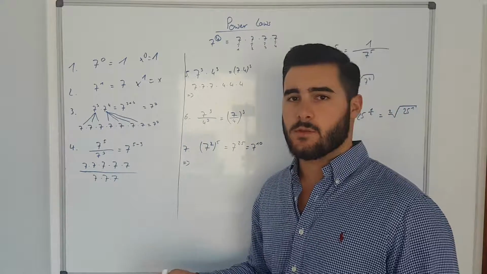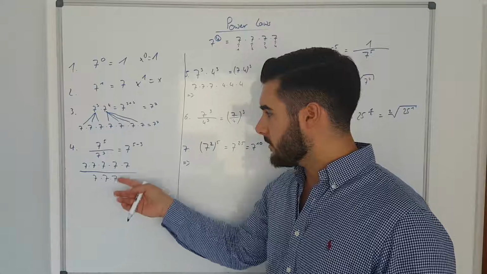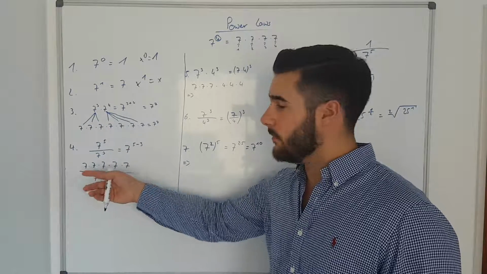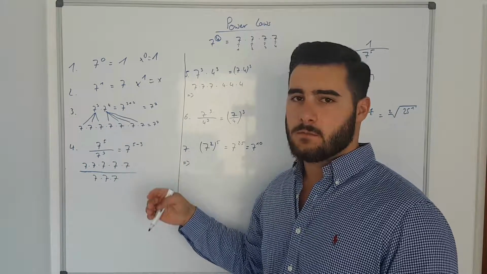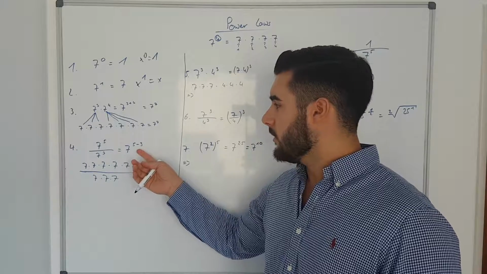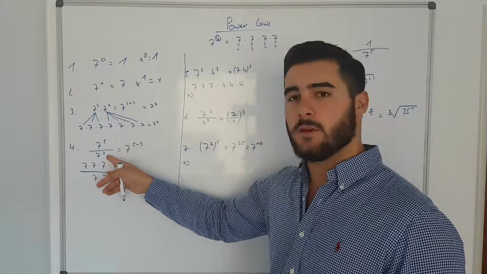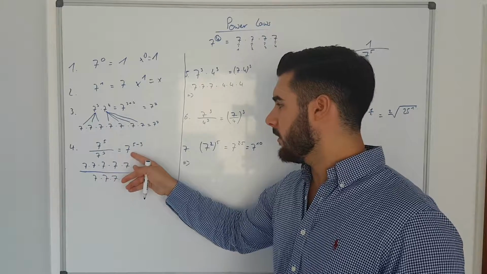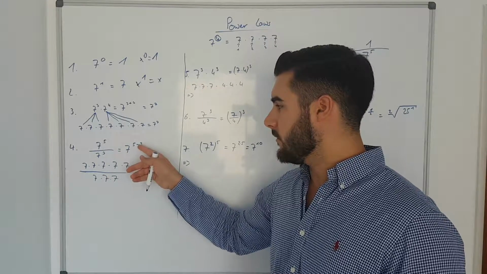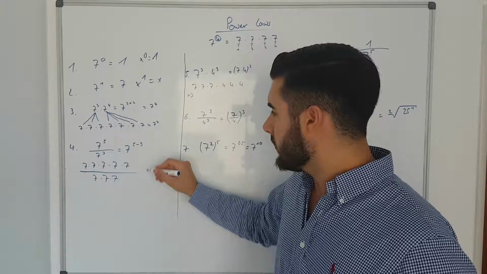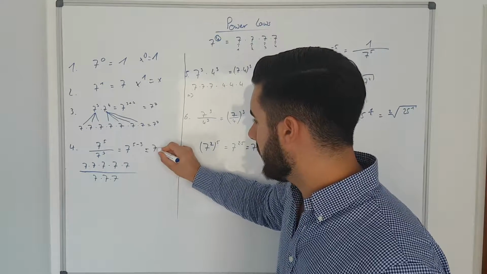You can do the same with divisions as well, so this is our next rule. However, with divisions it's the other way around, because you subtract. If you have 7 to the power 5 divided by 7 to the power 3, you'll end up with 7 to the power 5 minus 3, which is the same as 7 squared.